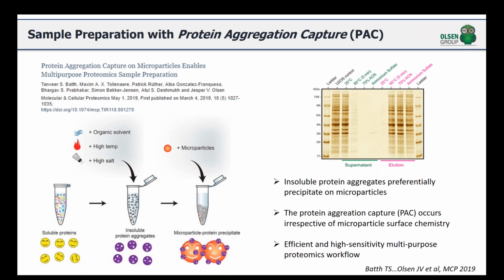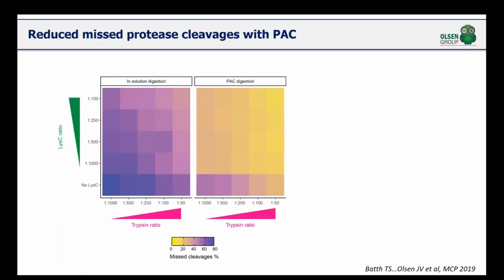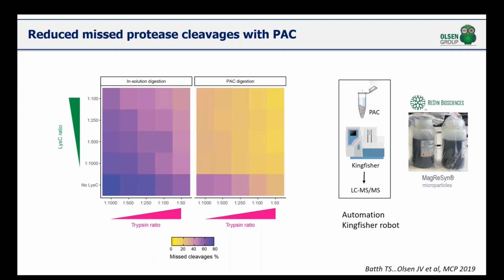And we've been able to demonstrate that we can do this completely independent of the surface chemistry of the beads, and this allows us to do really multi-purpose proteomics workflows. One of the advantages of using this type of PAC digestion is that we can significantly reduce the number of miscleavages otherwise typically observed in in-solution digestion, and thereby also reduce the amount of trypsin and Lys-C needed.